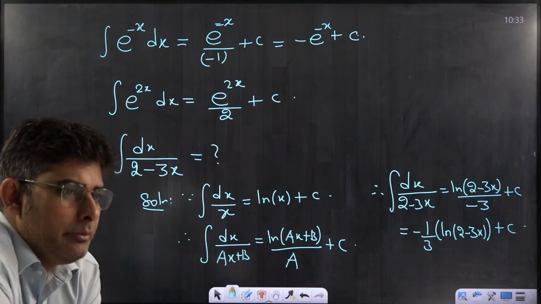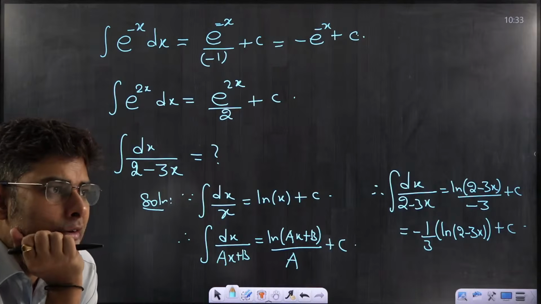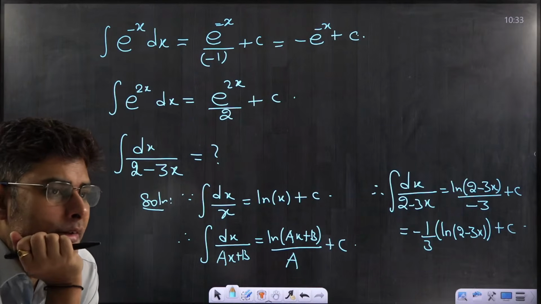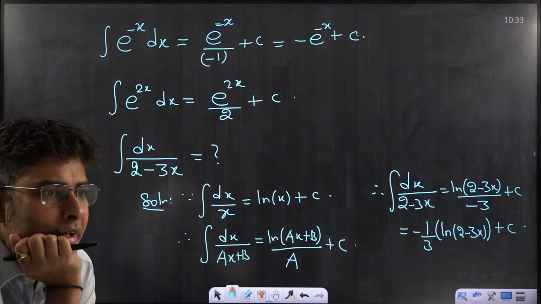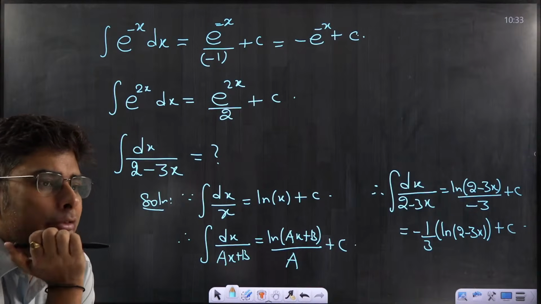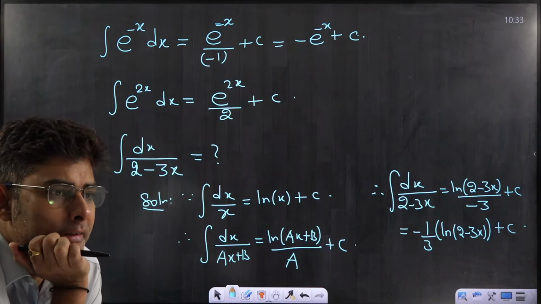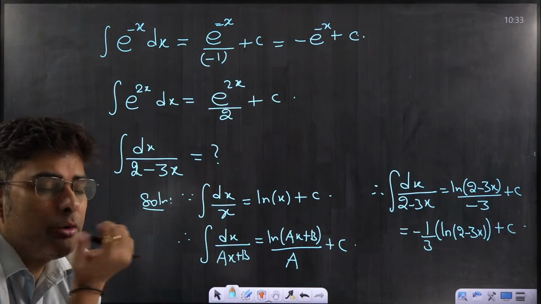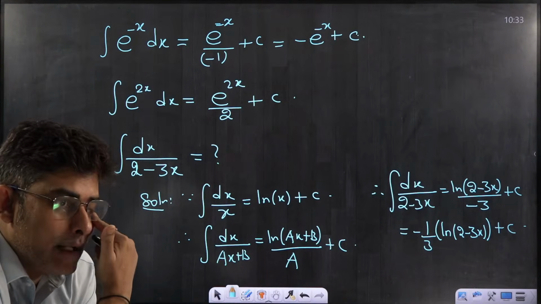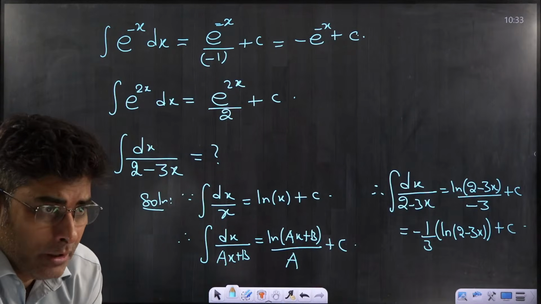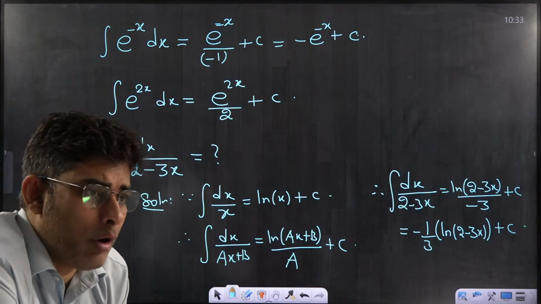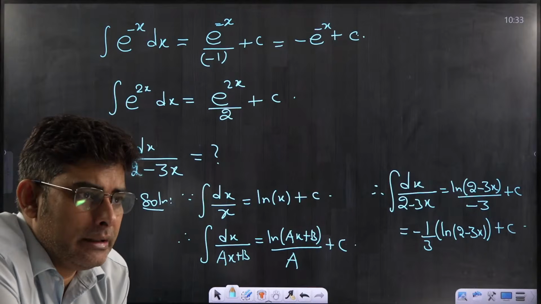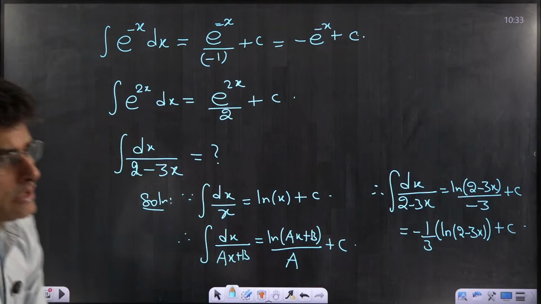Why is it incomplete? Because the value of c, the arbitrary constant, is not known, and without knowing it you cannot get the full value of integration. That's why I called this indefinite integration. If you want a definite, fixed value, you should know the value of c. That particular c is obtained by another method called definite integration.